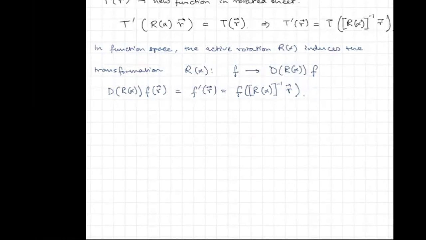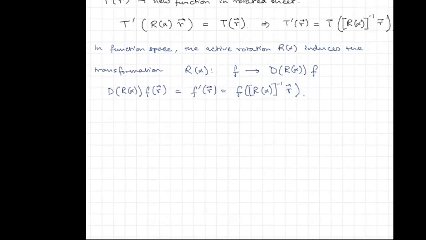As a consequence of this, I defined for you what the generators of SO2 are. Let me go back and show you this once more.